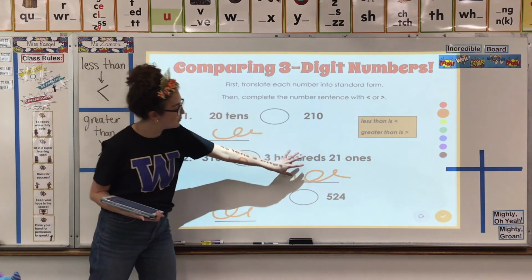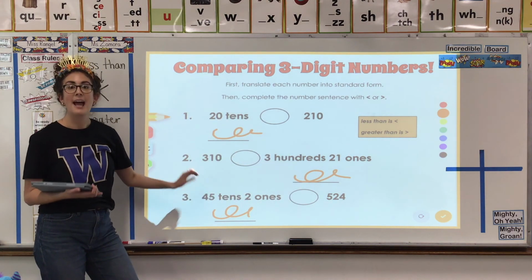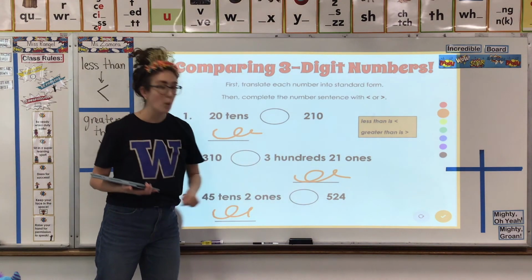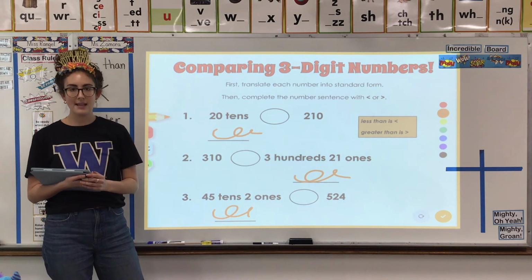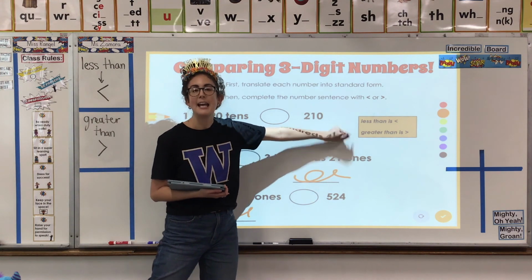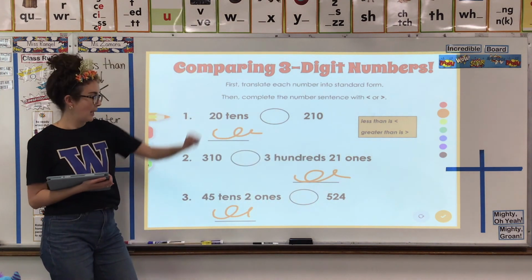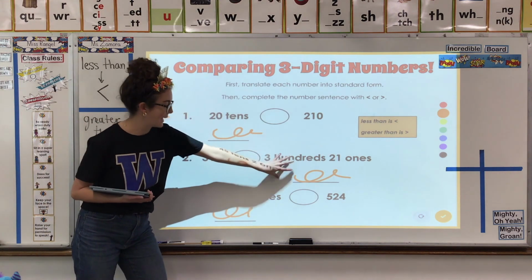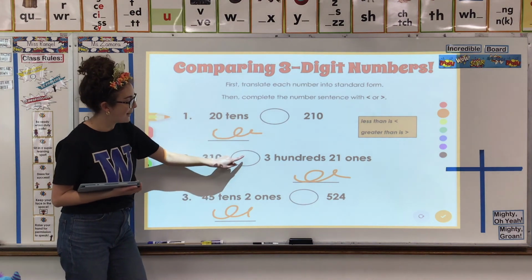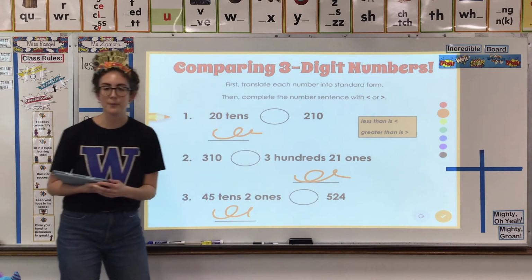So once you bundle these numbers, then of course you will complete the number sentence with your less than or greater than symbol. Here's the box on the side if you need some clues. But first you need to translate and bundle, and then you can compare by showing the correct symbol.